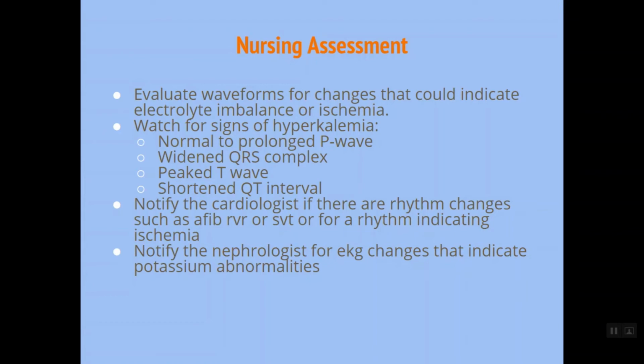Otherwise, if the cardiologist is not consulted, you will notify the nephrologist for any EKG changes or EKG changes that indicate potassium abnormalities. You don't necessarily need to contact the cardiologist if you predict hyperkalemia is present, because that's going to be resolved by the nephrologist orders.